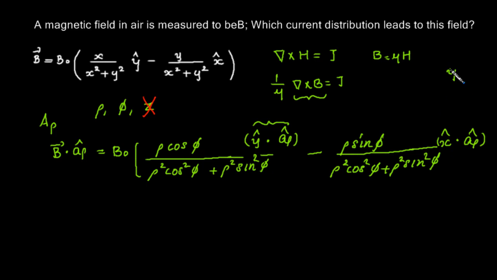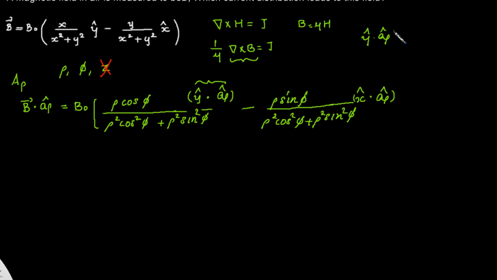Now what is y cap dot a rho cap? We must know this dot product of unit vectors for conversion from one coordinate system to another. So this is sin phi, and x cap dot a rho cap is cos phi. So we need to substitute it here.